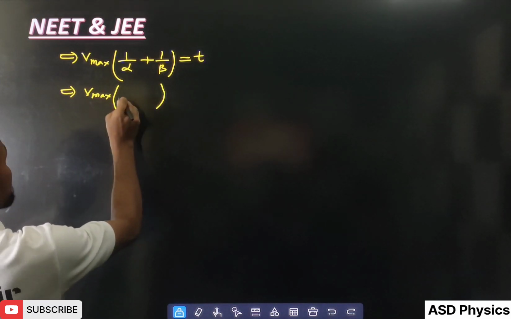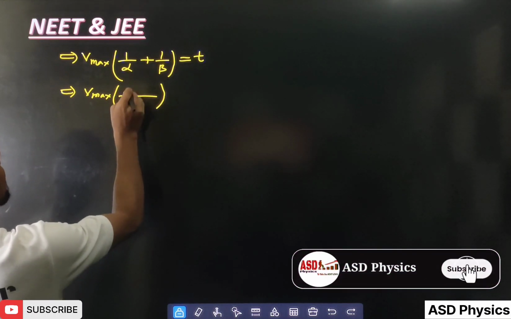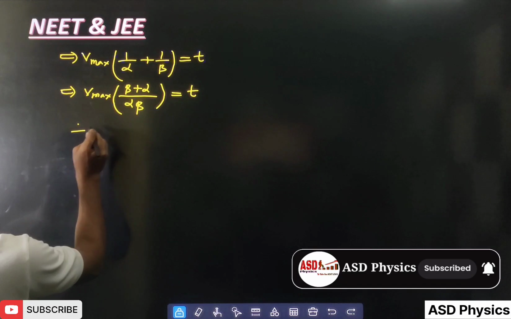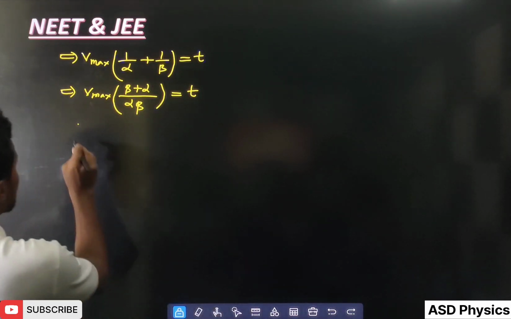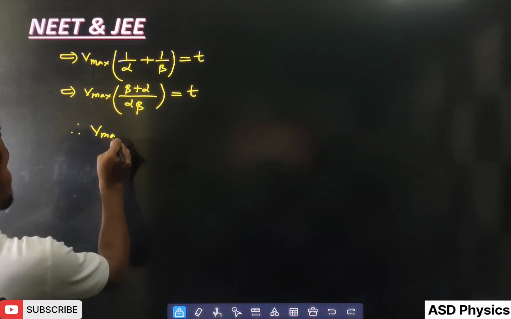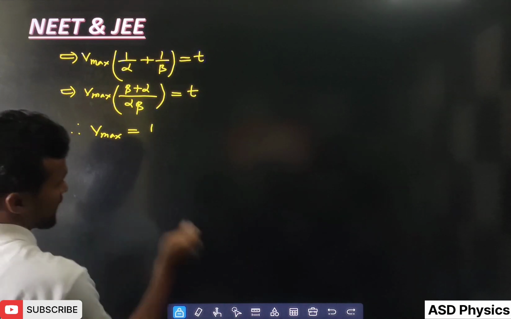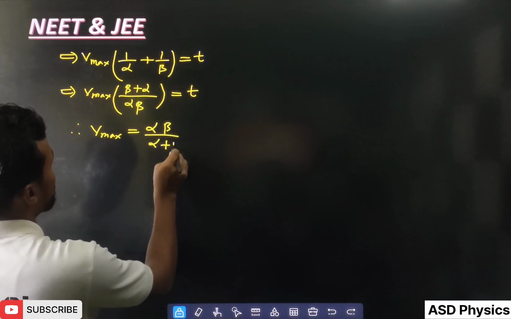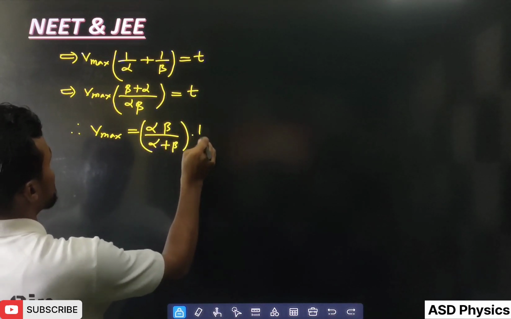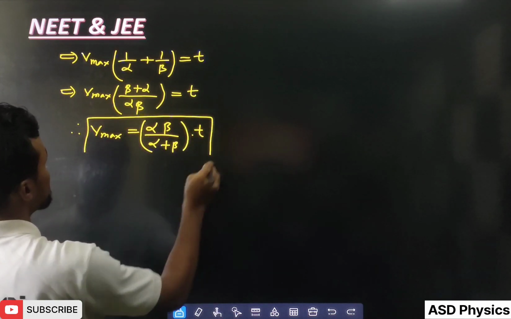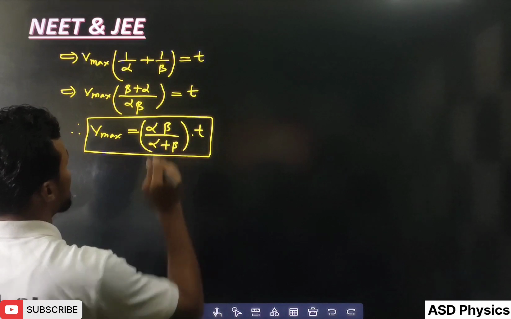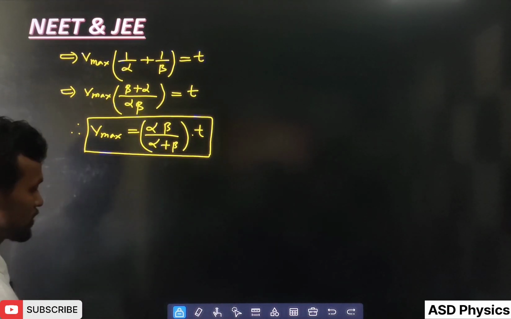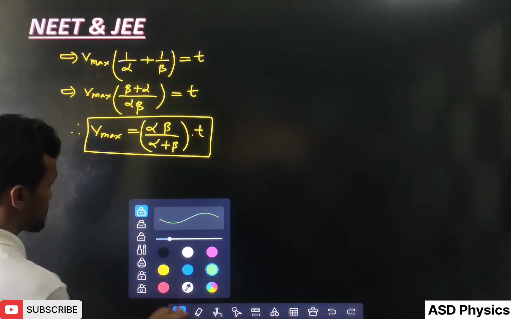When I take the LCM, it will come alpha beta, and here beta plus alpha is equal to T. So hence this maximum velocity will be alpha beta by alpha plus beta into T. Sometimes they give some numerical data, and then directly we have to use this formula. Maximum velocity is alpha beta by alpha plus beta into T. So one part is complete.